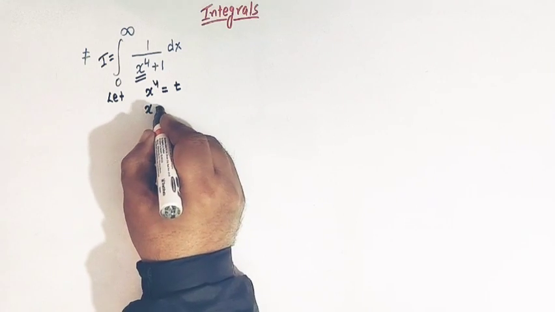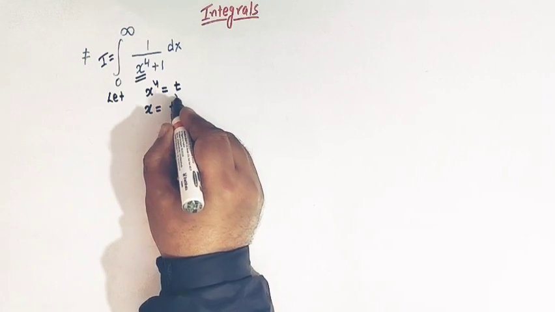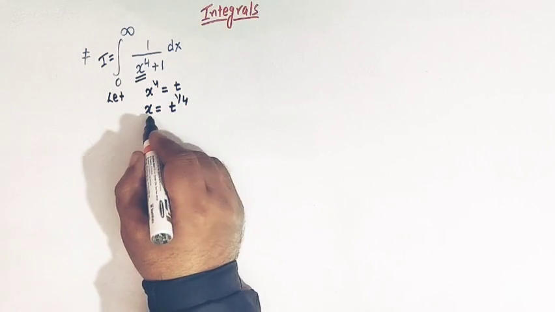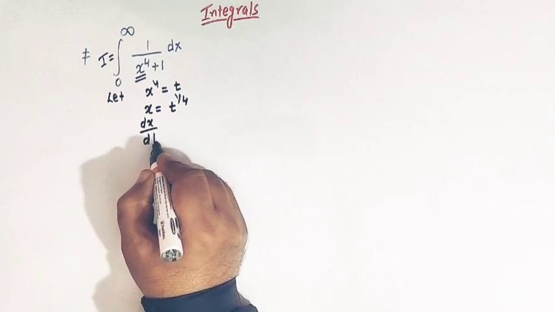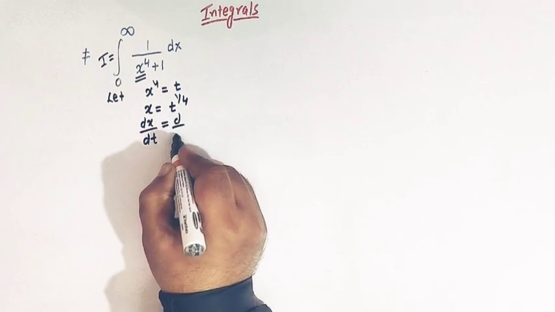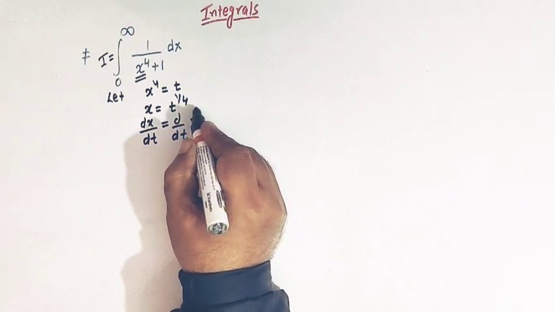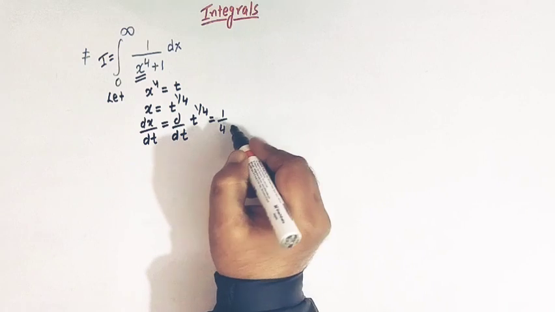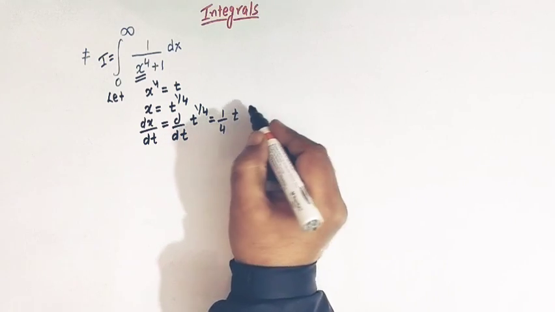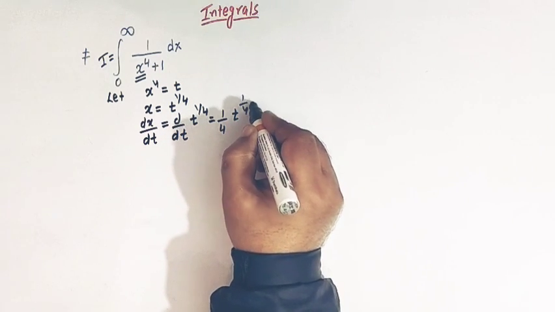So x can be written as t raised to 1 by 4, and let us differentiate x with respect to t. We have to find the derivative of t raised to 1 by 4 with respect to t, that is 1 over 4 t raised to 1 over 4 minus 1.